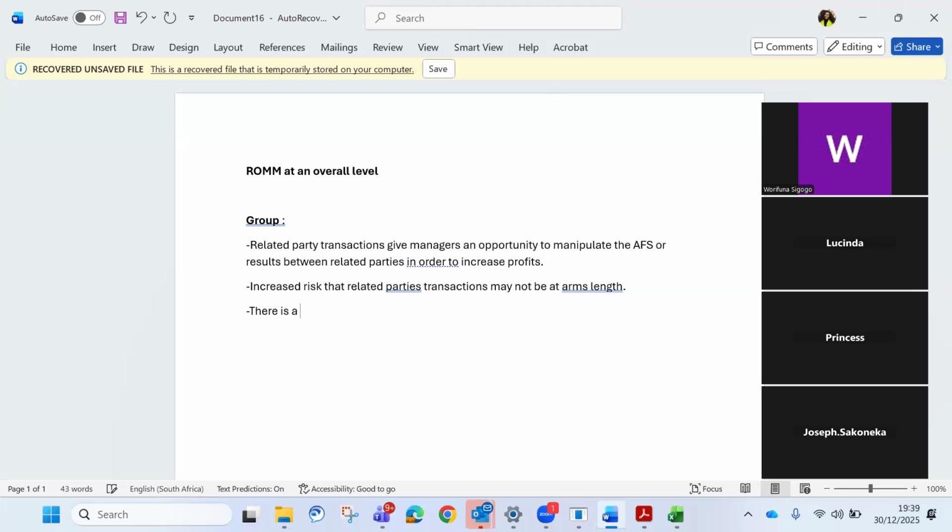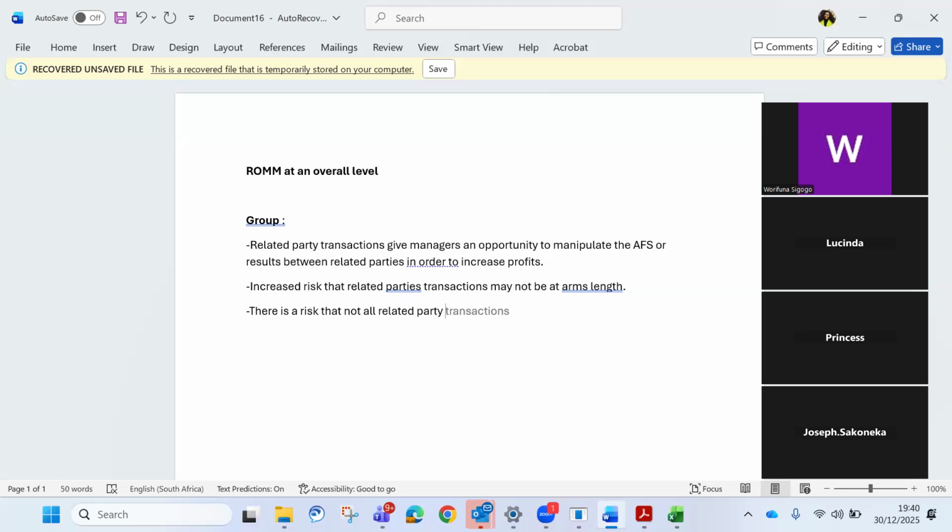So there's a risk that not all, because remember, we are going to audit a sample. So we are looking at it to say there's a risk that we might not identify all related party transactions.